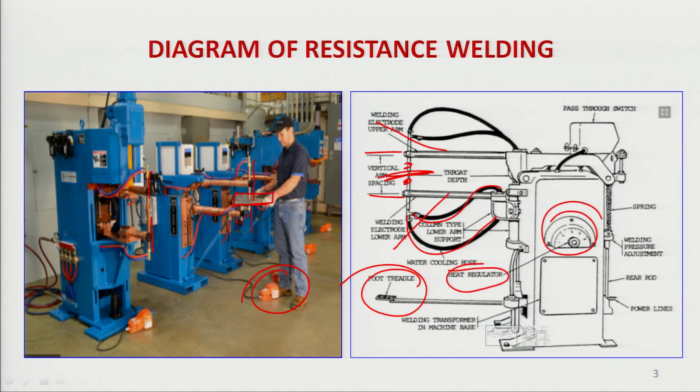Depending on the material thickness, you have to control the heat regulation. While welding, when it is brought together, this is a spring which controls the jerk coming on the material.